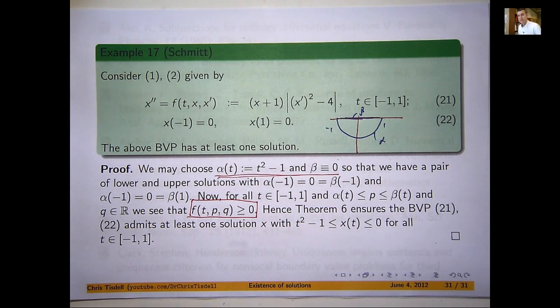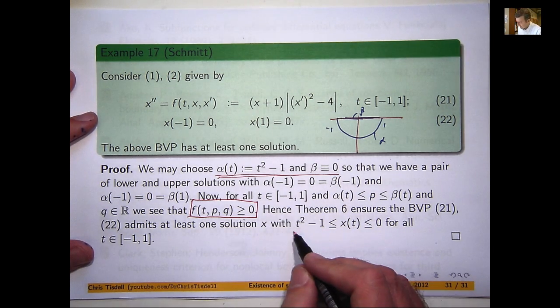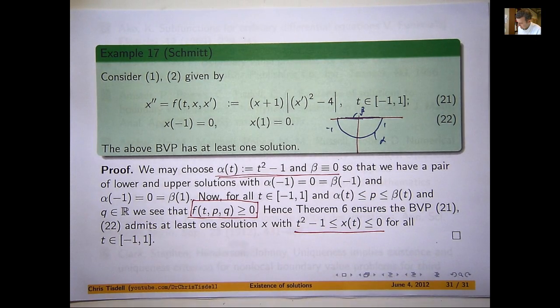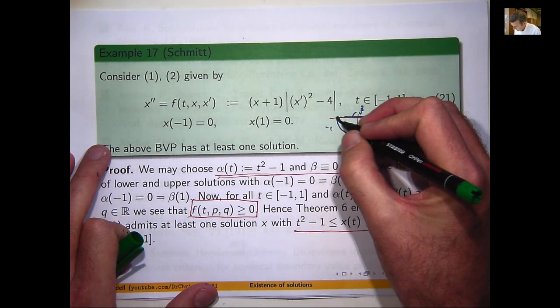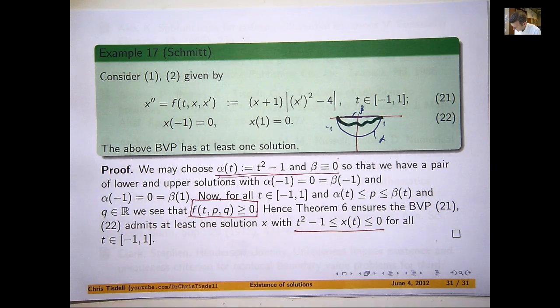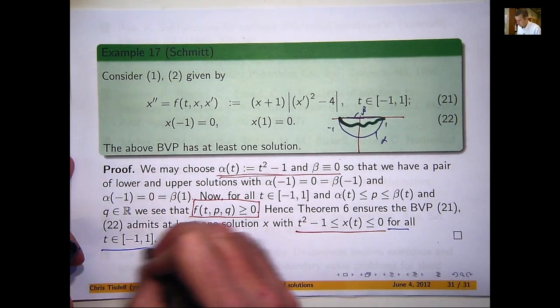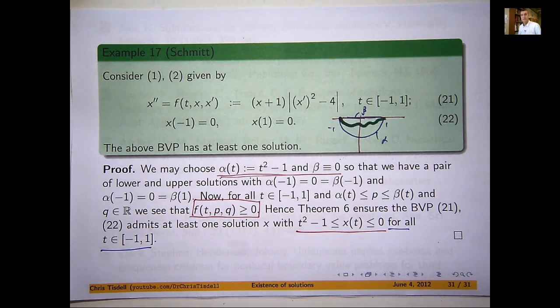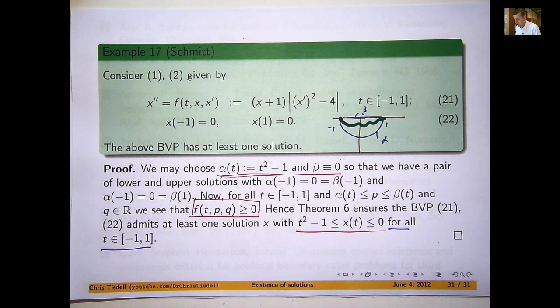Again, you can apply the relevant theorem from earlier on to show that this boundary value problem has at least one solution that lies between alpha and beta. Again, I'll leave you to put the details in and see if you can tick off that all the conditions are satisfied.